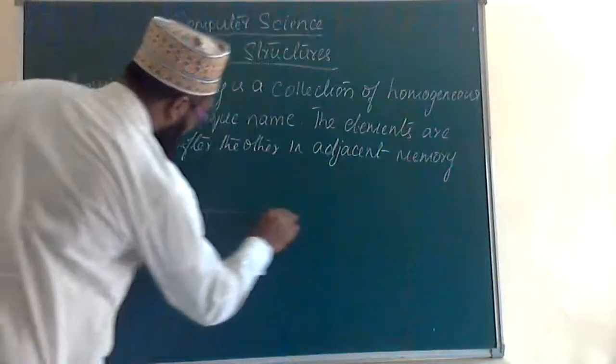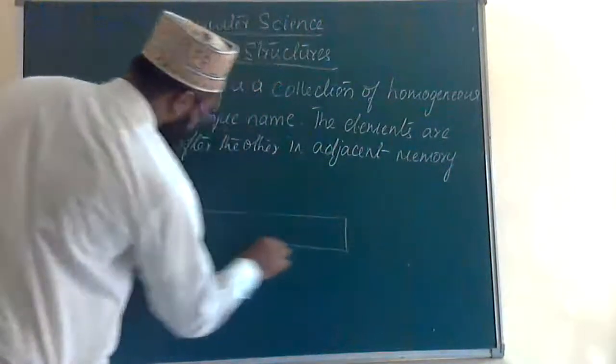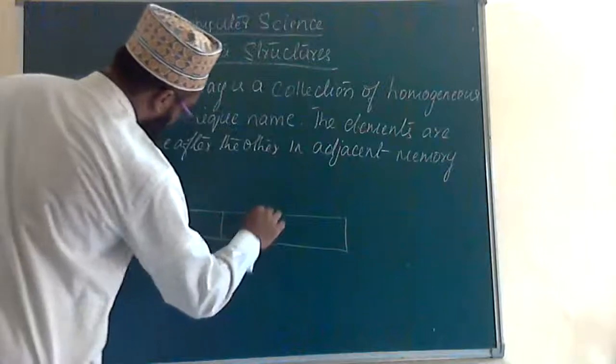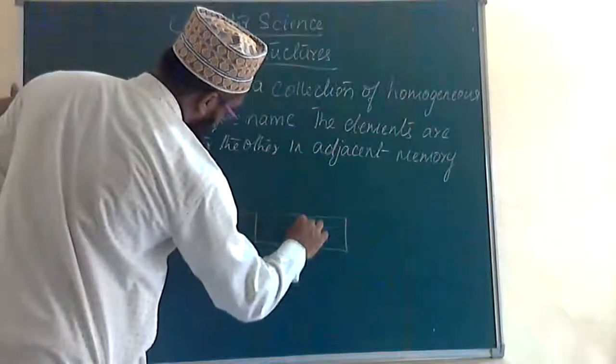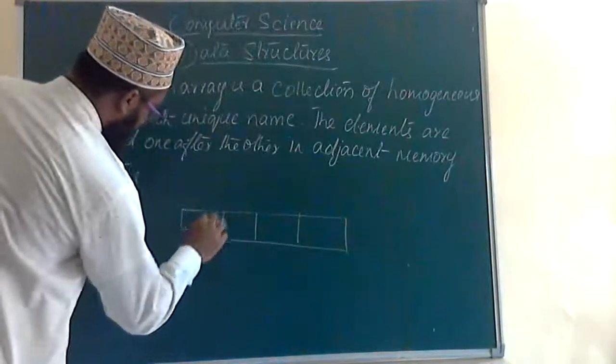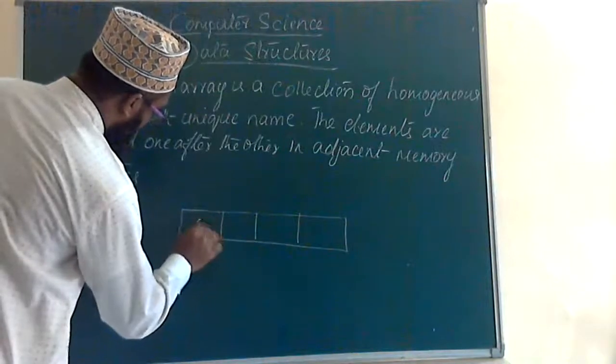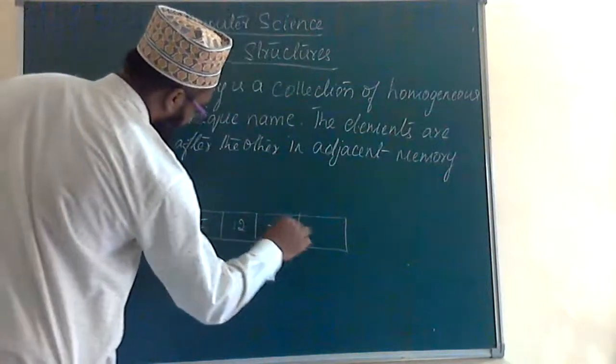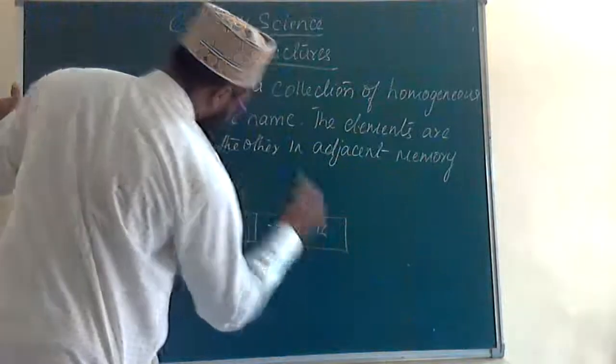Look here, take this as an array. We can call this an array. We can store some values, like 5, 12, and 16 and so on.